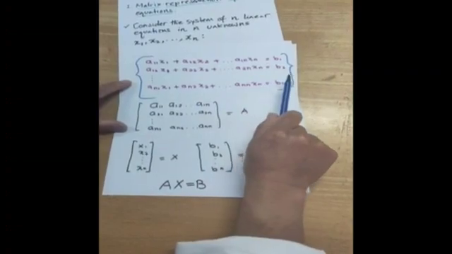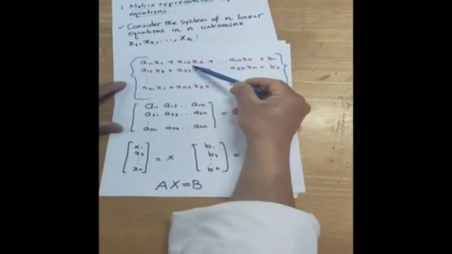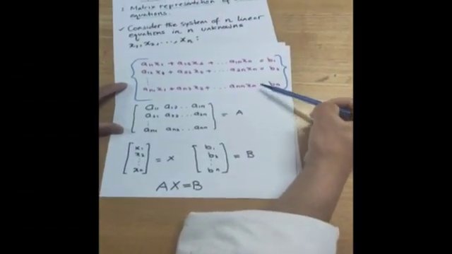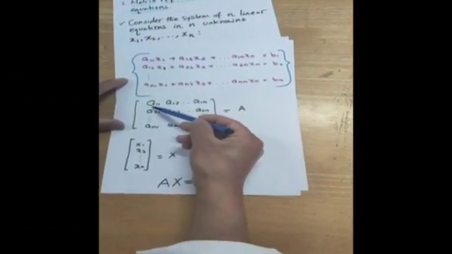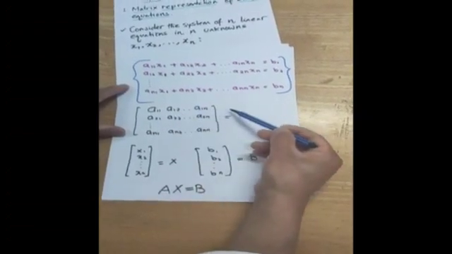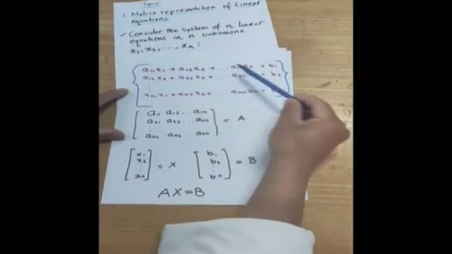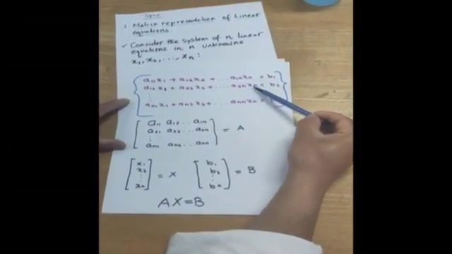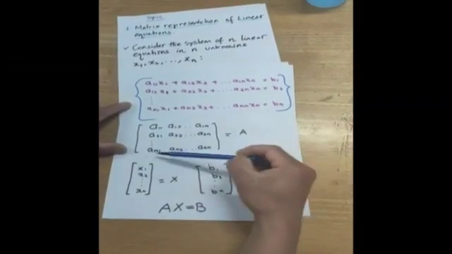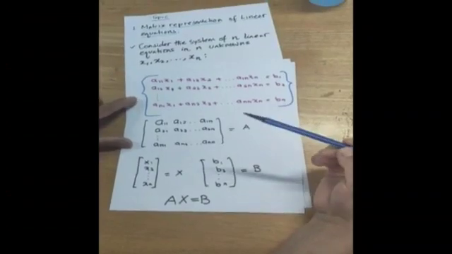Since it is a general system, we can directly take the coefficients given in each of the equations to form a matrix A. For instance, in the first row of this general matrix A, we have the coefficients from the first linear equation. The same is the case for the second linear equation, and it goes up to the n by n coefficients.